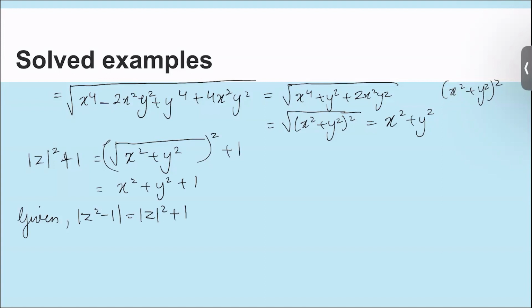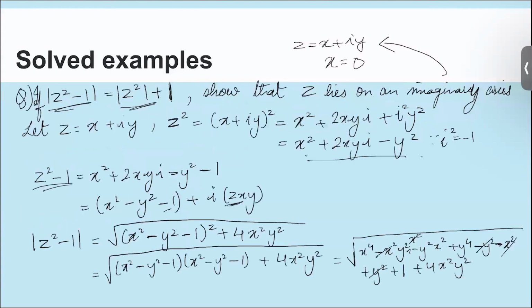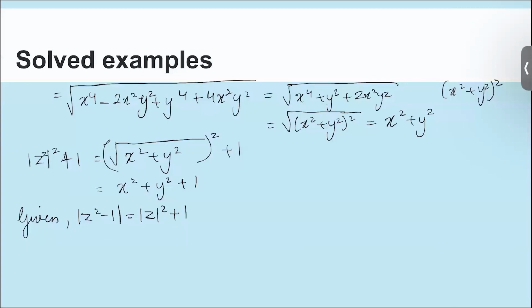So this is already given to us. Hence we can equate the left hand side and the right hand side that we have got after solving.